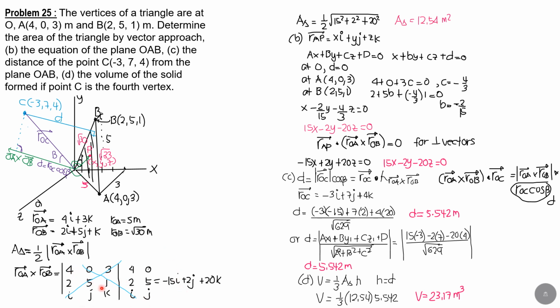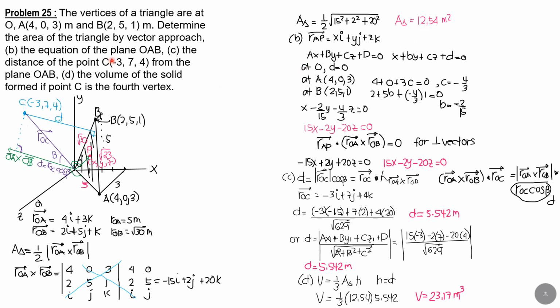Then 20k minus 0, so 20k. So therefore, that's the expression for r sub OA cross r sub OB. The area therefore is one half the magnitude of this vector, square root of 15 squared plus 2 squared plus 20 squared. So the area of the triangle is 12.54 square meters.